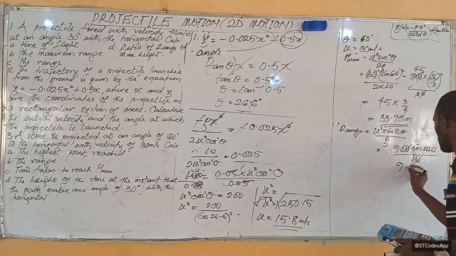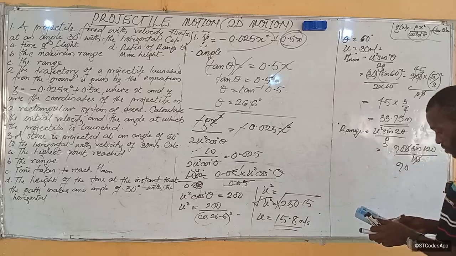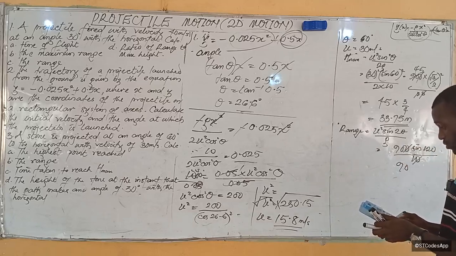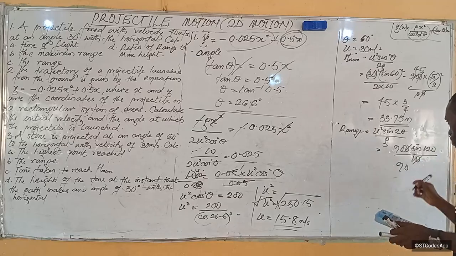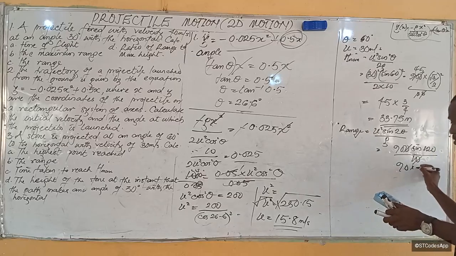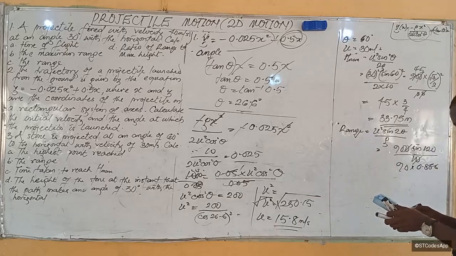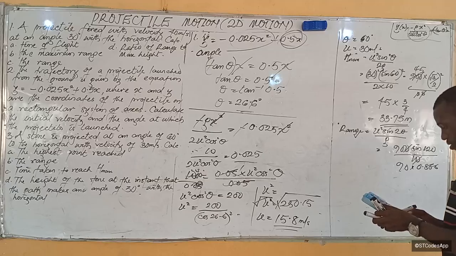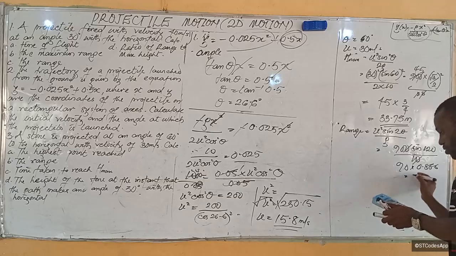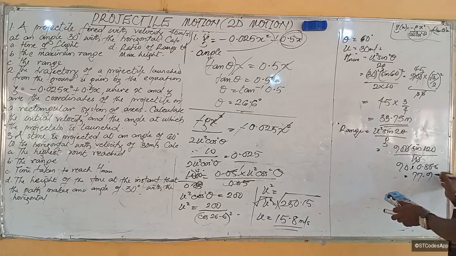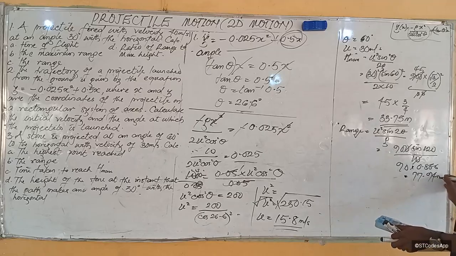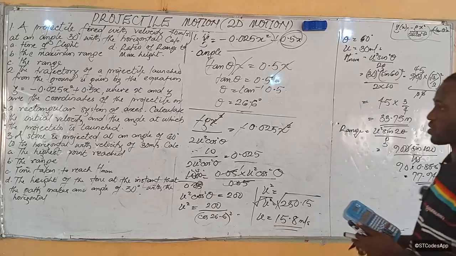So 90 times sine 120, that will be 0.5. Sine 120 is root 3 over 2, yes, double that. So times 0.866, so times 90 is equal to 77.94 meters. So this is the range that is reached.